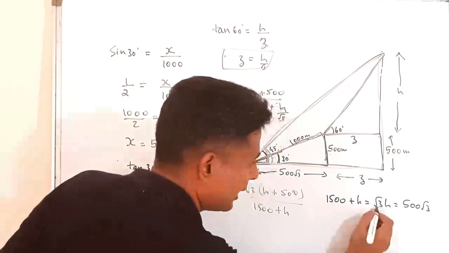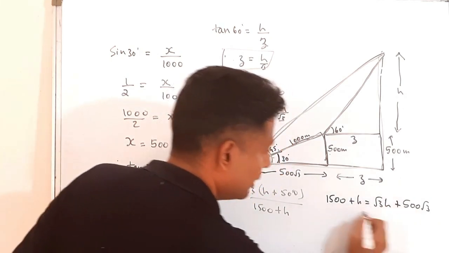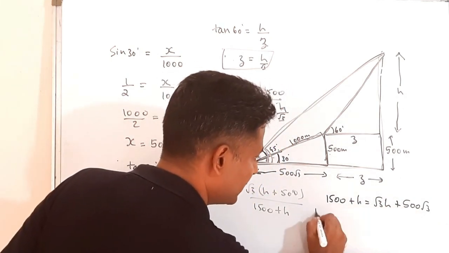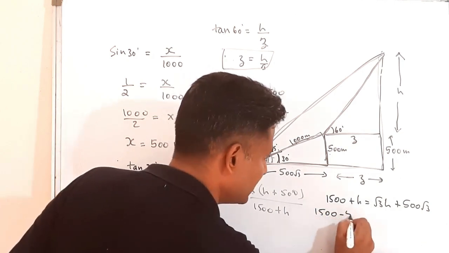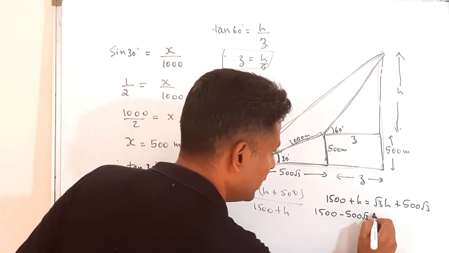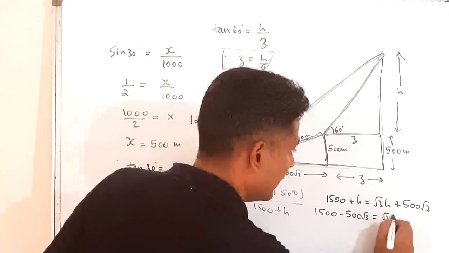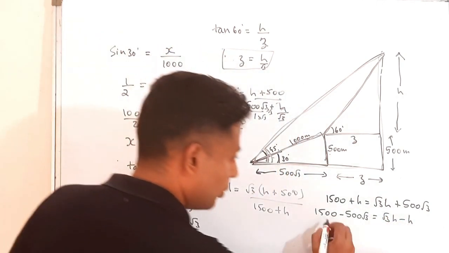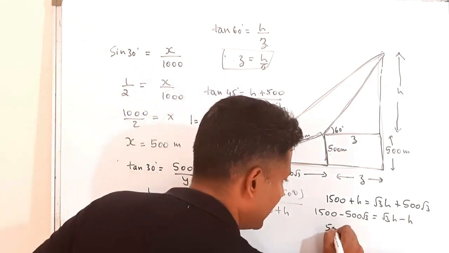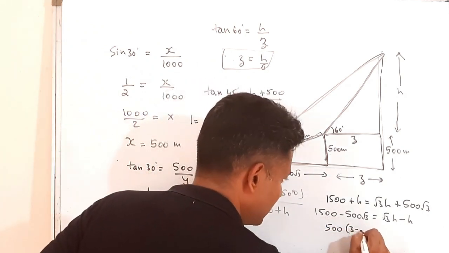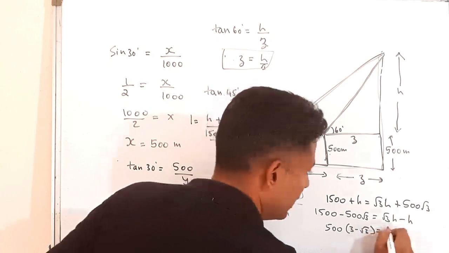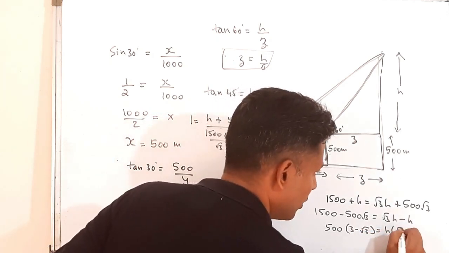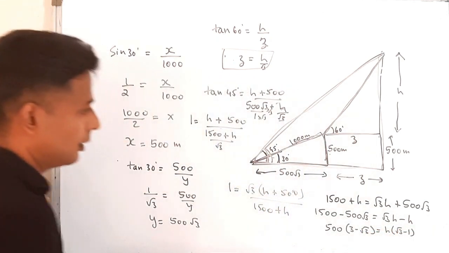So we get h on this side, this I'll bring this side, so it becomes 1500 minus 500 root 3 equal to root 3h minus h. Alright? So from this I can take 500 common, 3 minus root 3 is what I get, and here I can take h common, root 3 minus 1. Right?